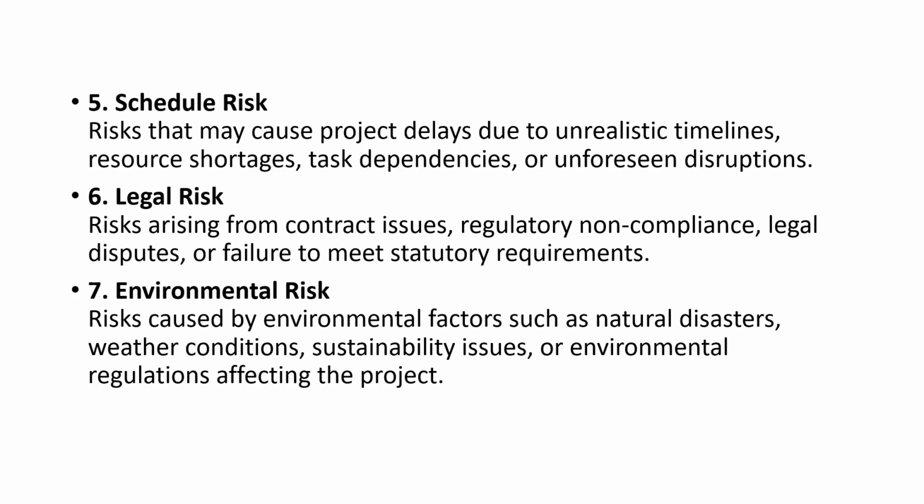So if we look at these categories together, schedule, legal, and environmental risks, we can see that project risks can emerge from many different areas. This is why using risk categories helps project managers identify risks more comprehensively rather than looking at risks too narrowly.